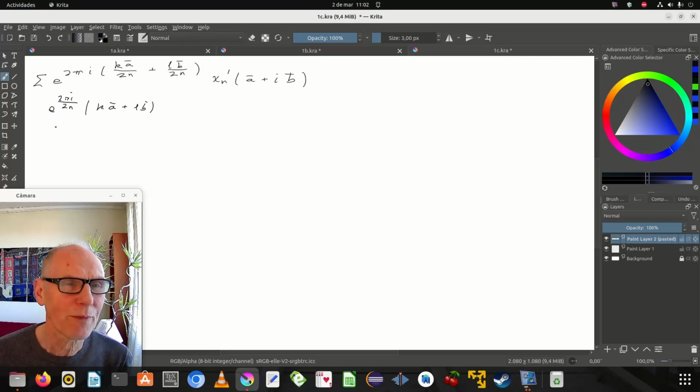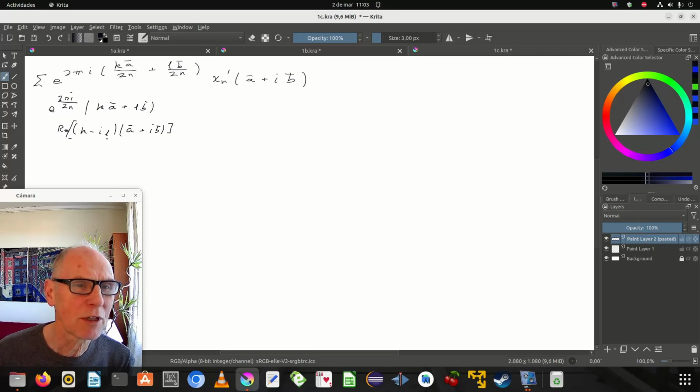And if it's like in the book, then it should be the real part of k minus il times a plus ib. So let's check that. It's the real part multiplied and then minus the imaginary part, so that agrees.